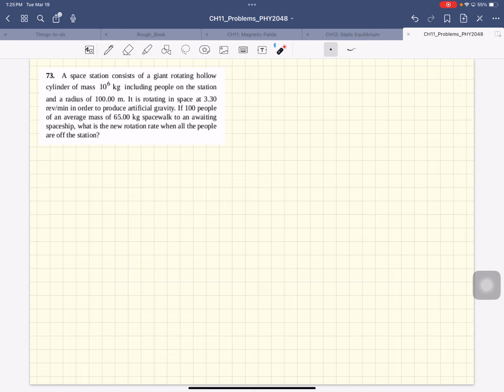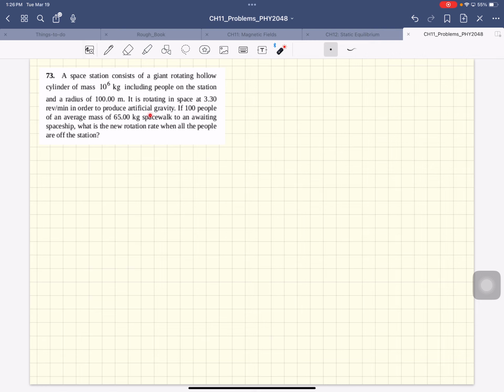So this cylinder is roughly, the diameter is as big as this campus, or at least from here to ISB. It's rotating in space at 3.3 revolutions per minute. So this huge thing is rotating 3 times a minute.